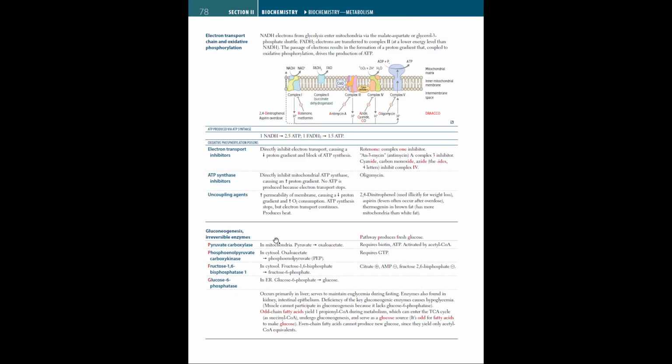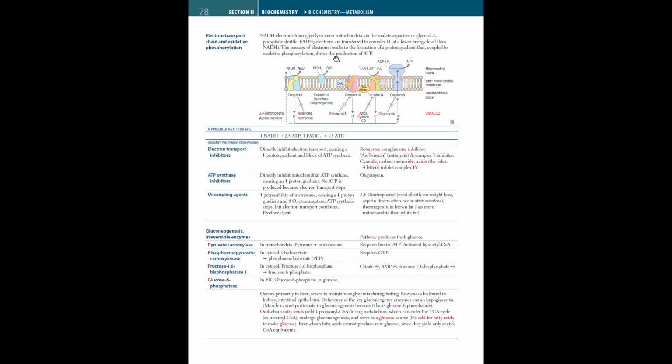Now we have the electron transport chain and oxidative phosphorylation. NADH electrons from glycolysis enter the mitochondria via the malate-aspartate or glycerol 3-phosphate shuttle. FADH2 electrons are transferred to complex 2 at a lower energy level than NADH. The passage of electrons results in the formation of a proton gradient that, coupled to oxidative phosphorylation, drives the production of ATP.